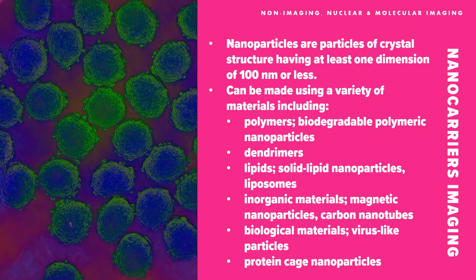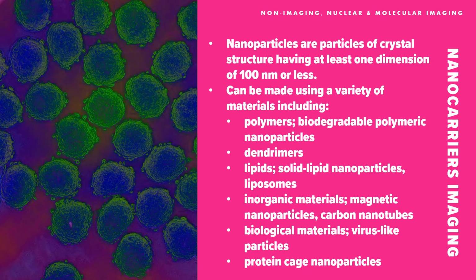Nanocarriers or nanoparticles are mainly particles of a structure that have one dimension of size 100 nanometers or less, though you might find some up to 300 nanometers, and they can be made from a variety of materials. You can have polymer-based, dendrimer-based, or lipid-based ones, for example solid lipid nanoparticles and liposomes.